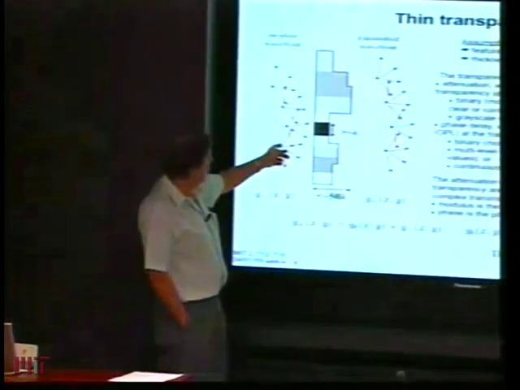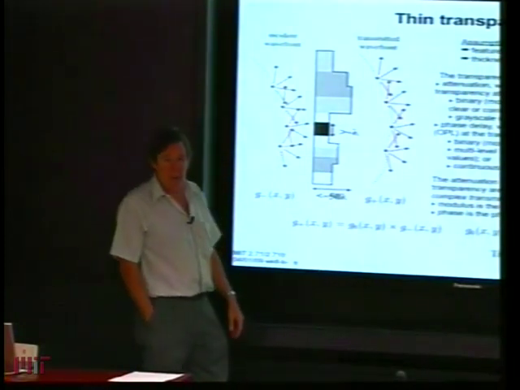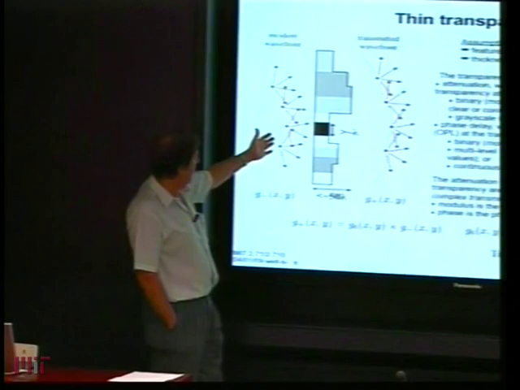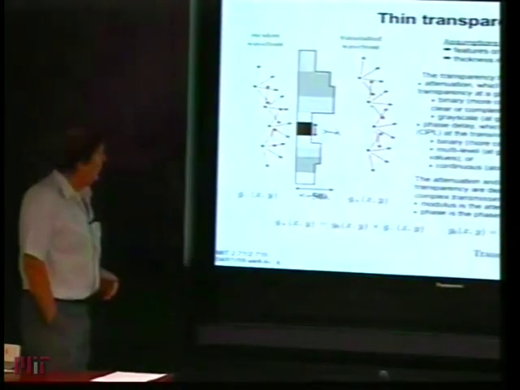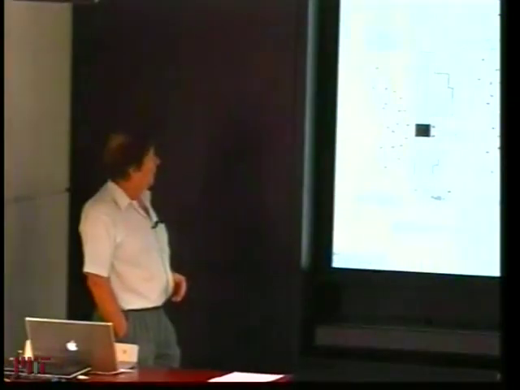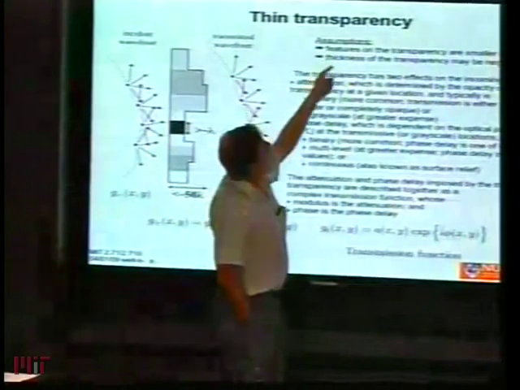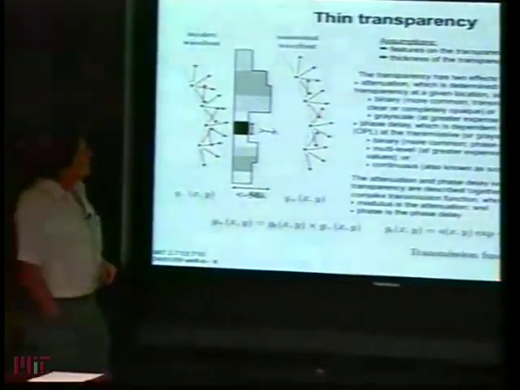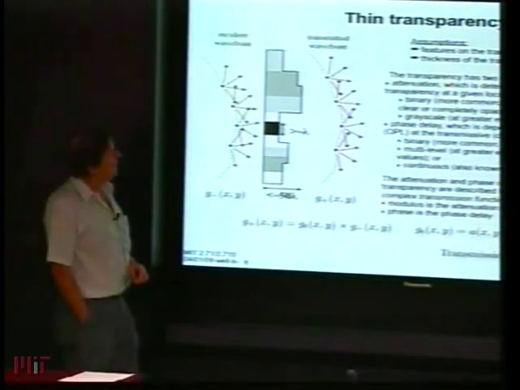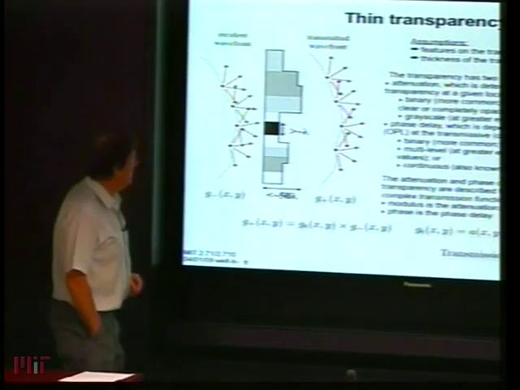So you can use your Huygens type principle to say that when the light has gone through there, it produces some wavefront on the far side. So the assumptions: the thickness I've just said, also the features on the transparency. What's that mean? The features on the transparency are smaller than lambda. Ah, right. Okay, that's why I was confused.